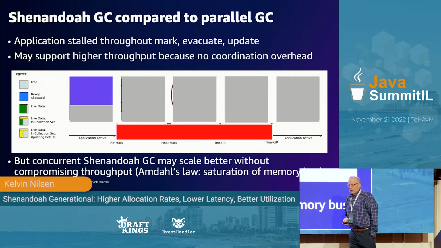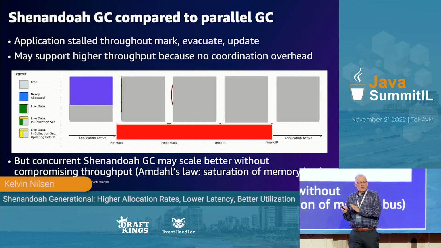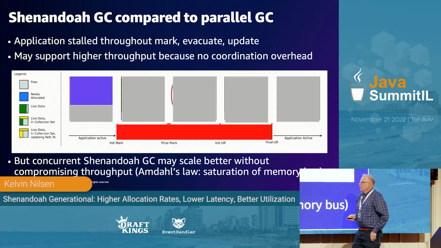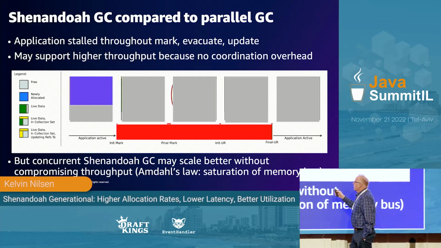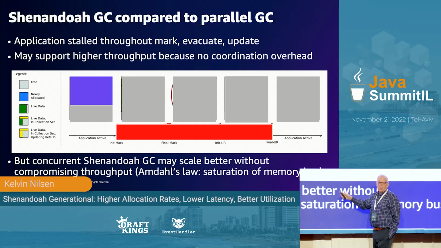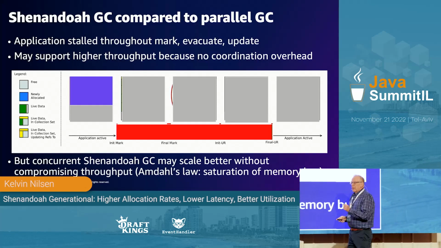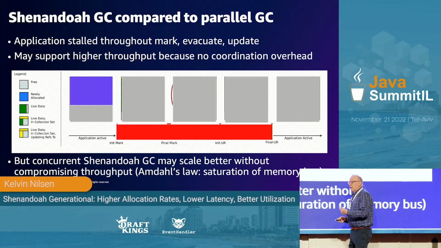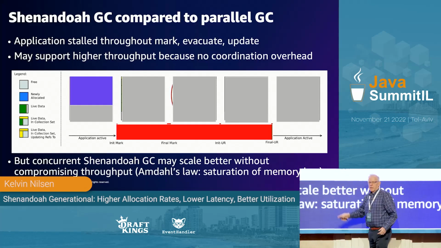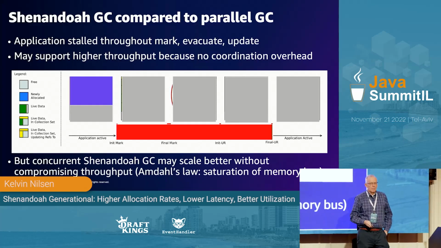If we look, just briefly, at a comparison between the Shenandoah garbage collector and parallel garbage collection, the difference is that all of this is stop the world with parallel garbage collection. Whereas Shenandoah has a few pauses of maybe a few milliseconds at a time, parallel garbage collection can have multiple seconds of pause time.